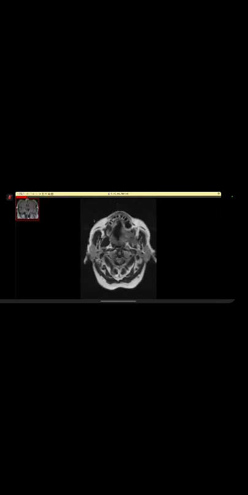Now, here, this is the T2 weighted sequence. We can see this low signal here. So a portion of it is fluid, which is in the maxillary sinus. Now it goes posteriorly into the muscles of mastication. If you compare it, this is the maxillary sinus, so the tumor is infiltrating posteriorly.